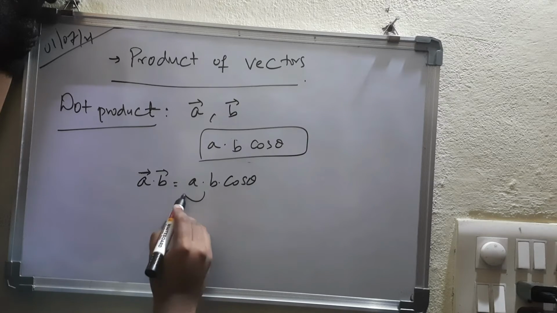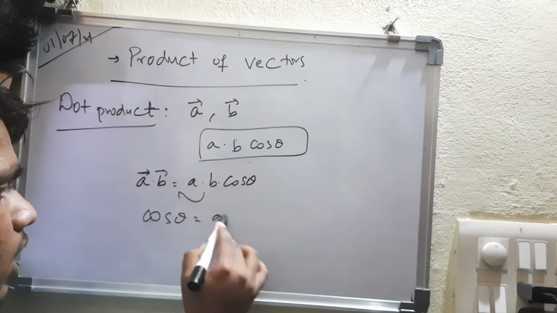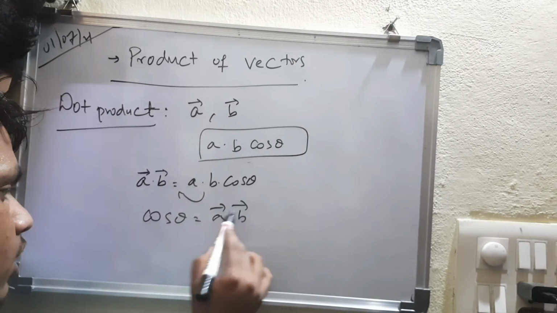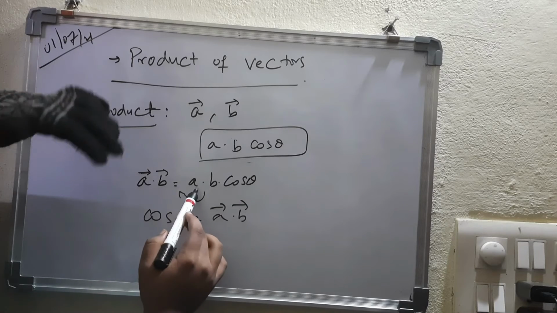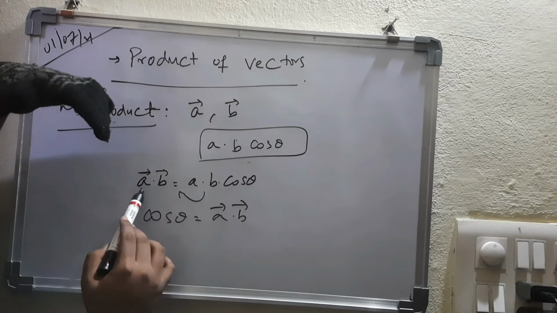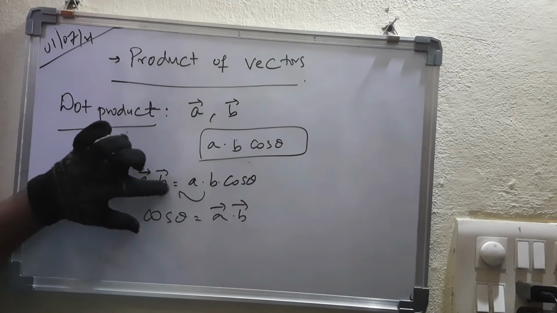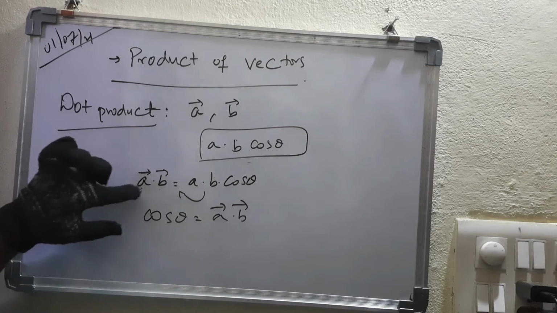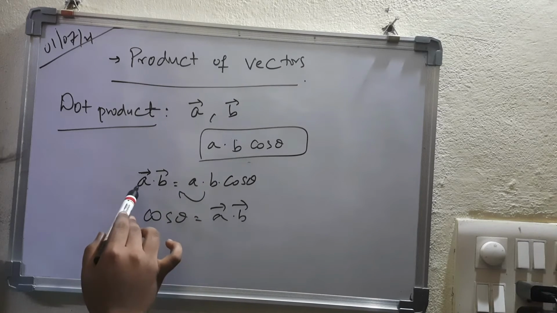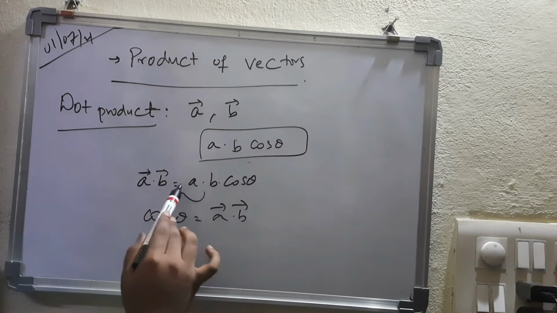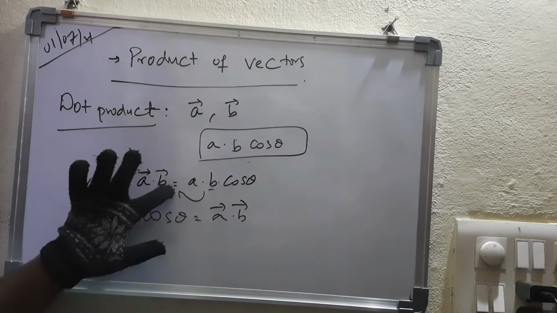Now if we take the magnitudes this side, cos theta equals A dot B by AB. See, the difference between these A and B and those A and B is that these two are vector quantities. These are the magnitudes of those vectors. A is the vector, and only A is the magnitude of the A vector, and this B is the magnitude of the B vector.